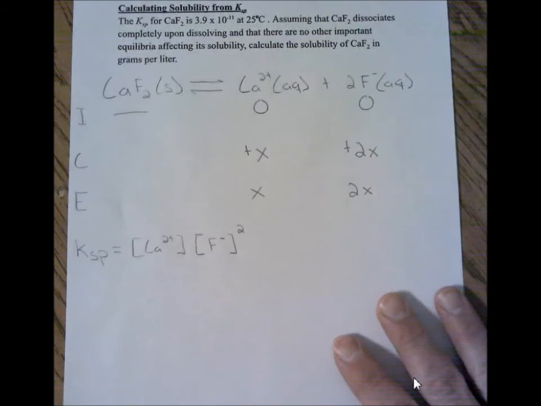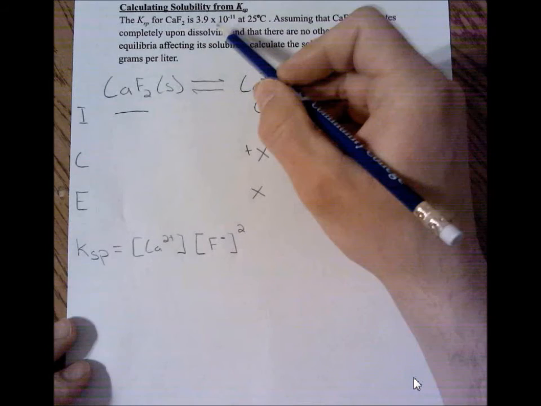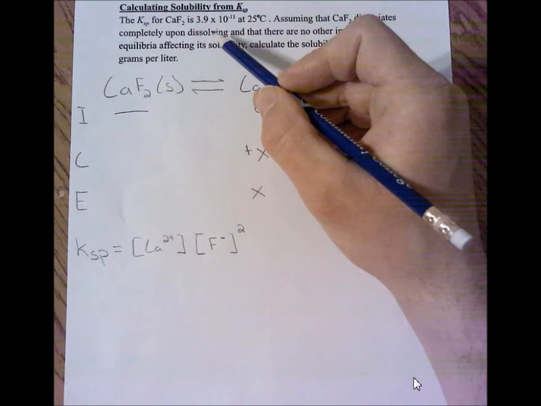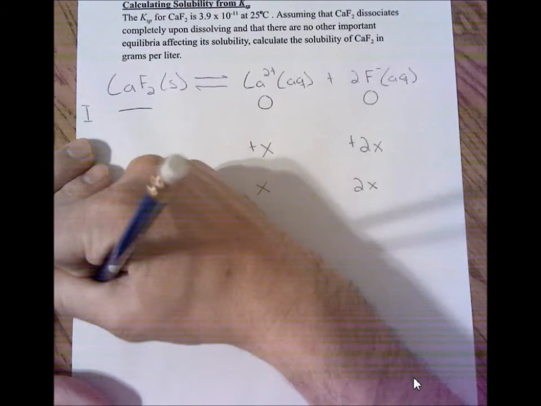So we end up with this. Our Ksp, which was given, or I just showed you how to look it up in Appendix D of the textbook, we get 3.9 times 10 to the negative 11th.